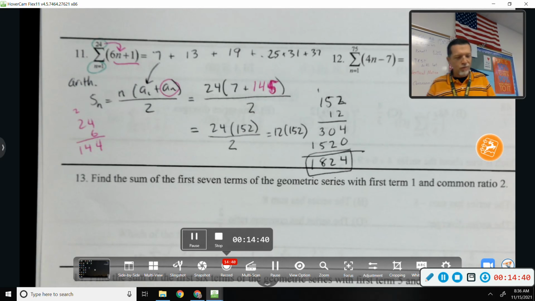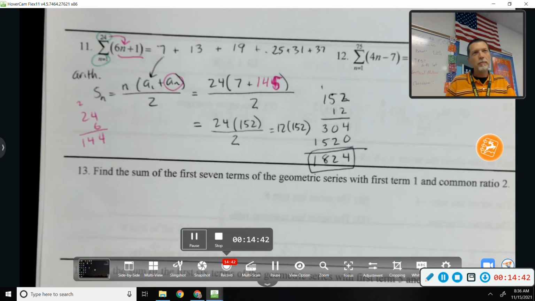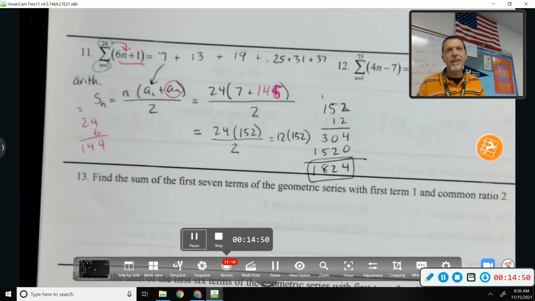It's really not the best way to go. But if you got 5 minutes left at the end of class and you're sure that they're all right and you want to check one, it's fine. It's just a really long way to do it.